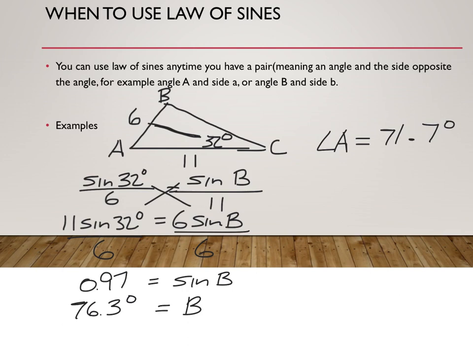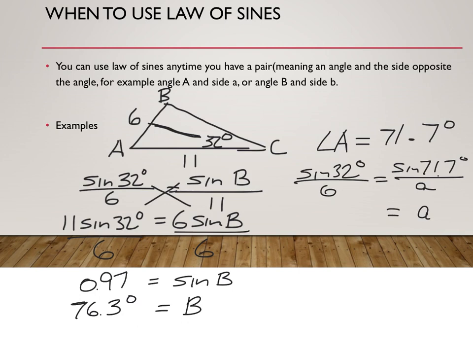Now I have side A left to find. Well, I can still use that proportion because I still have that pair. So I could go sine of 32 is to 6 as the sine of 71.7 is to A. Now to find side A, I would go 6 times the sine of 71.7, divide that by the sine of 32.